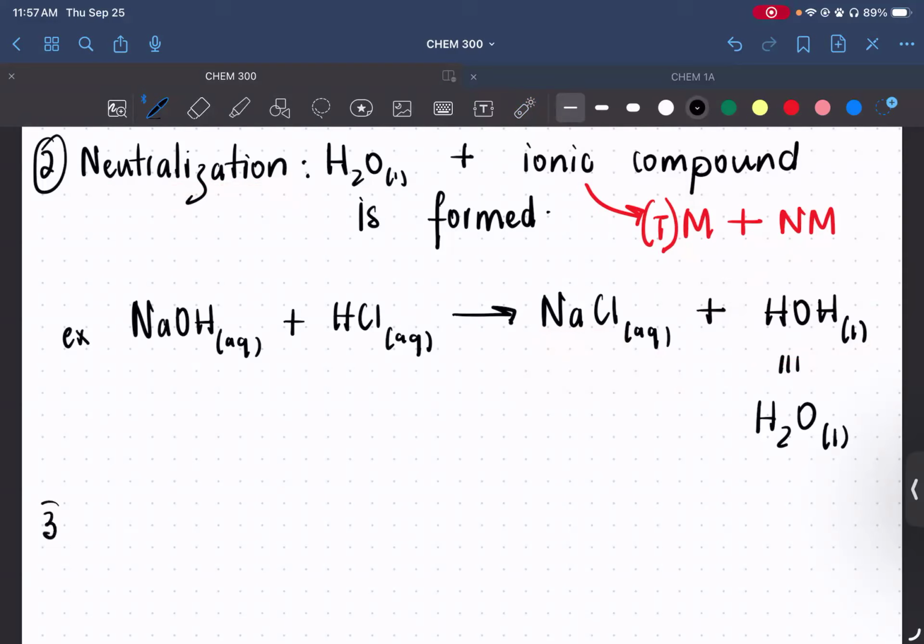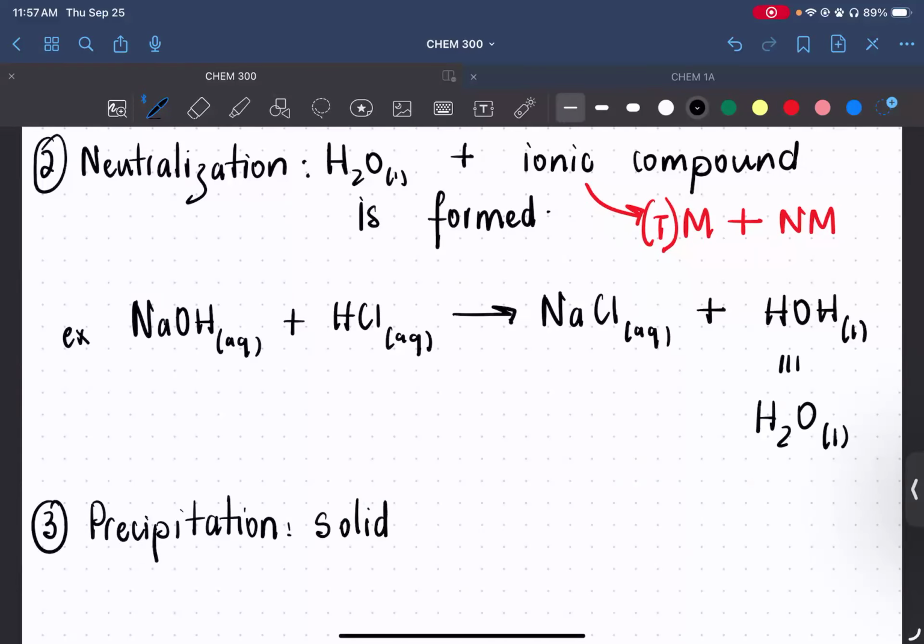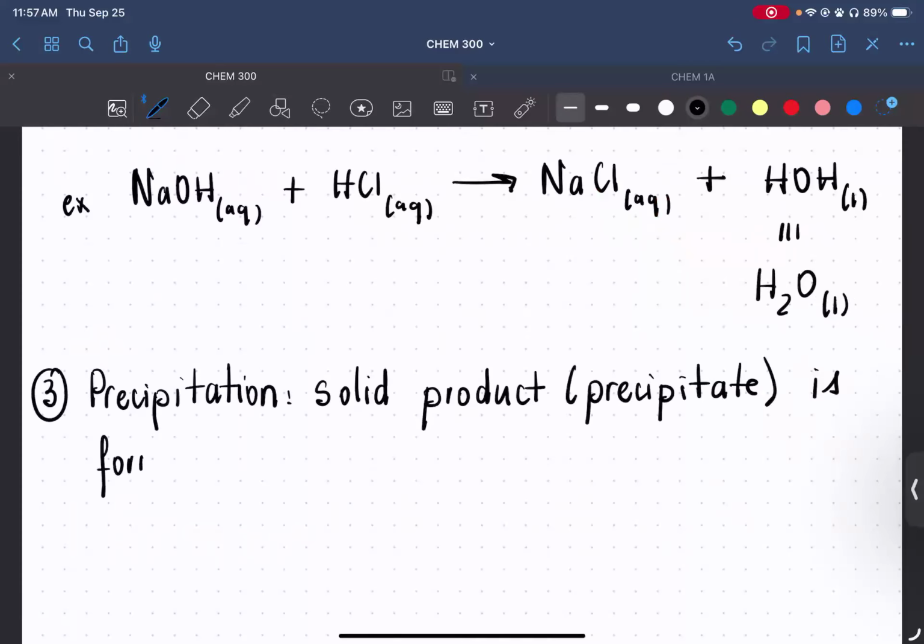Finally, we have precipitation. In precipitation, a solid product, henceforth referred to as the precipitate, is formed from non-solid reactants.